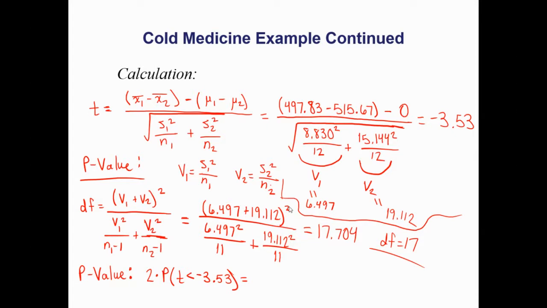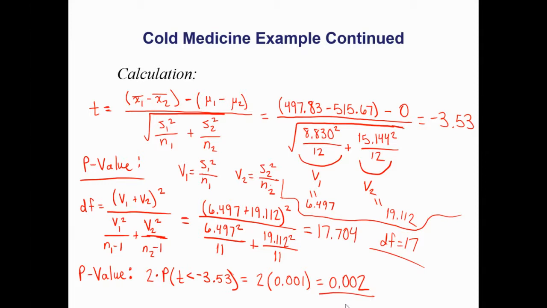So, what did you get when you do the probability? Zero, zero, 0.001. 2 times 0.001 is what? 0.002. So there's our p-value.